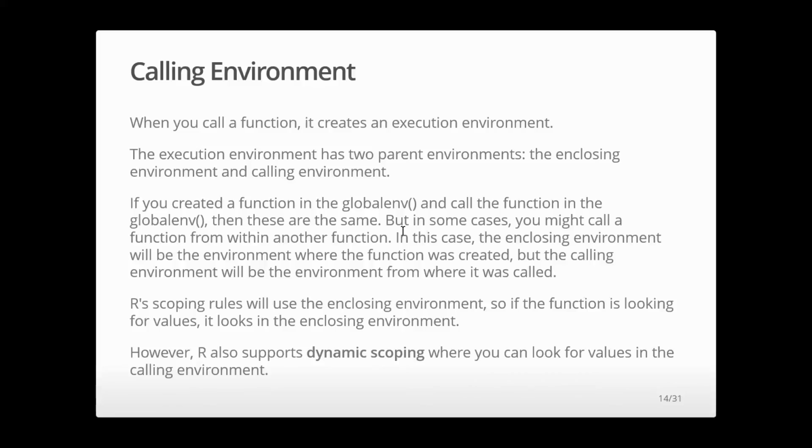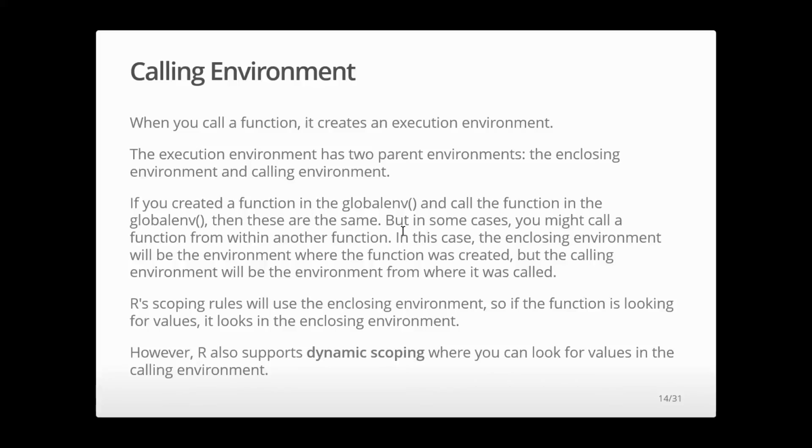The scoping rules of R say use your enclosing environment. So if g was called from inside f, and inside function g it says search for value a that doesn't exist inside here, it's going to start the search for a inside the enclosing environment of g, which is the global environment.